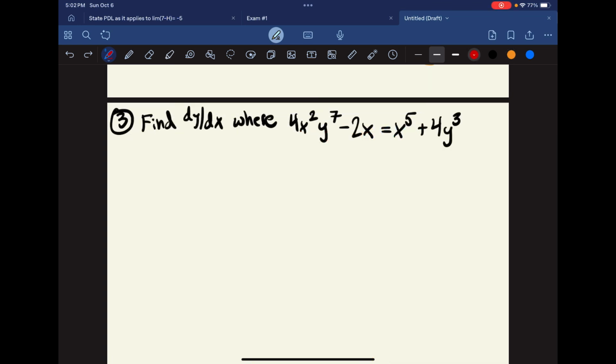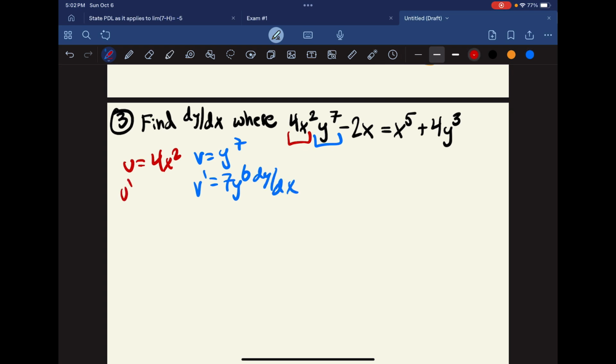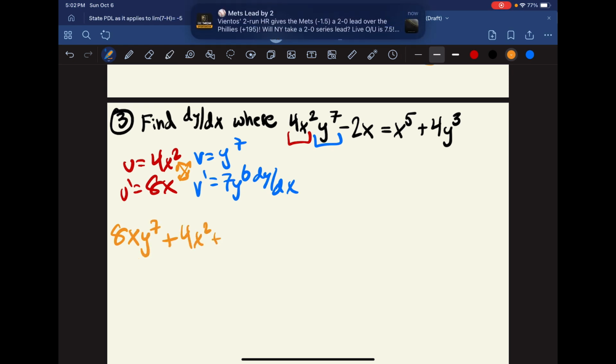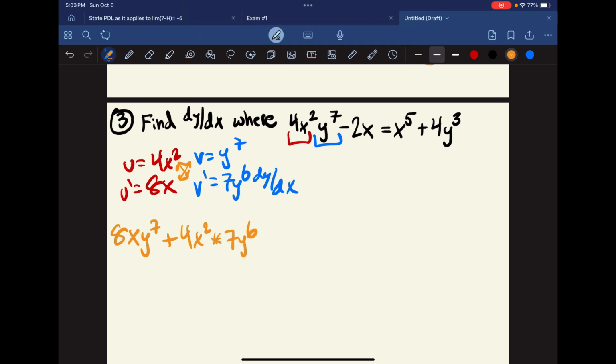All right, so this is a similar problem, just with a little bit more intensity. So we do a product rule here. Derivative of y to the 7th is 7y to the 6th times dy dx. And then the derivative of 4x squared is just going to be 8x. So then this whole thing is going to be 8x times y to the 7th plus 4x squared times 7y to the 6th times dy dx.